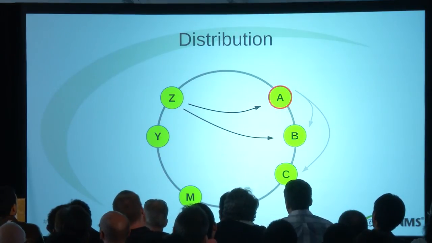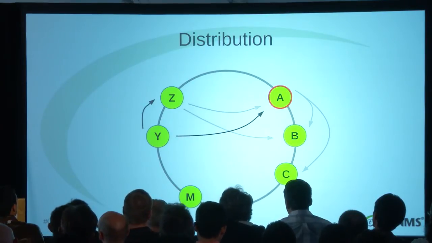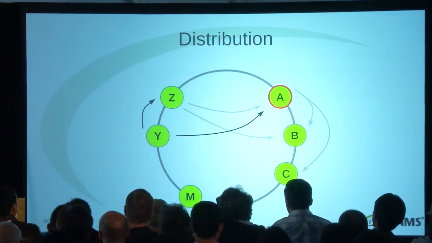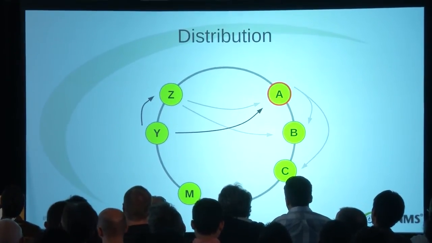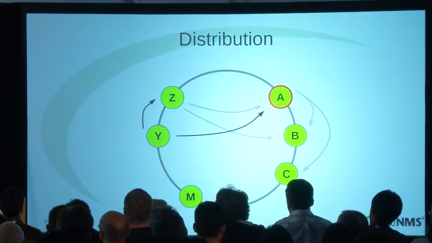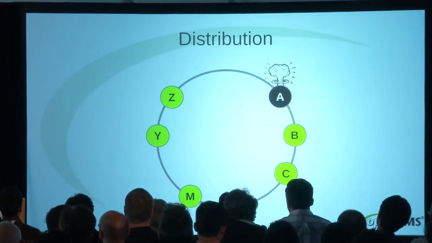So node Z replicates its data onto A and B, and node Y replicates its data onto Z and A. So what we have is 3 different replica sets that all share node A in common. We have YZA, ZAB, and ABC.